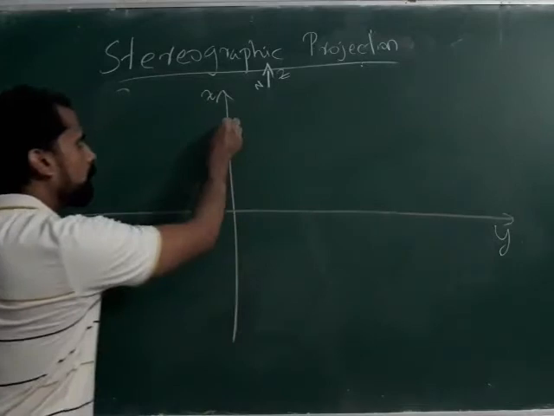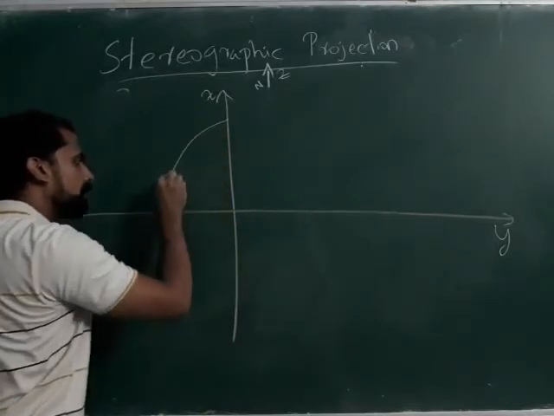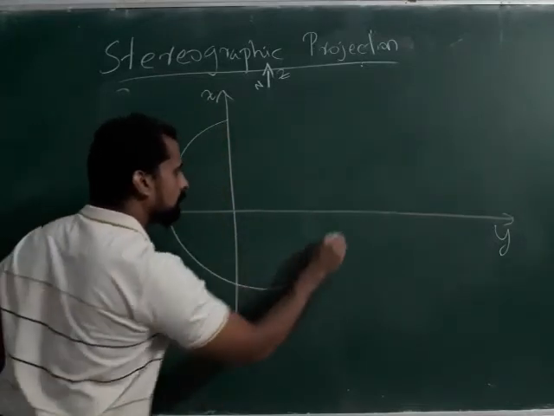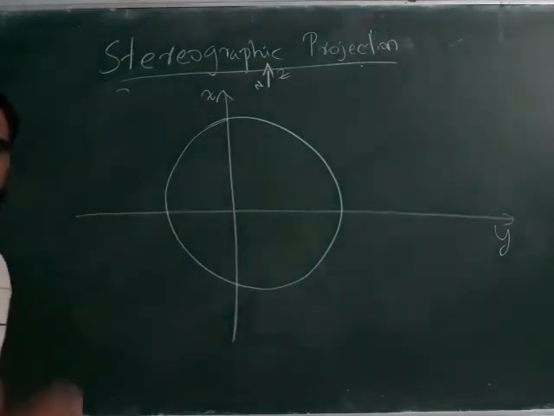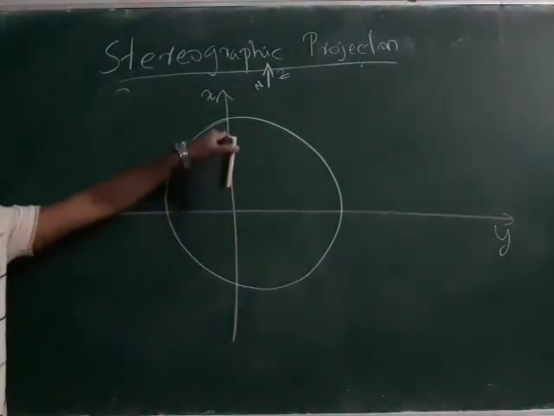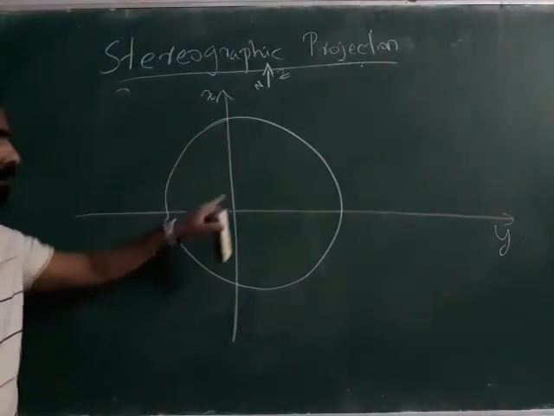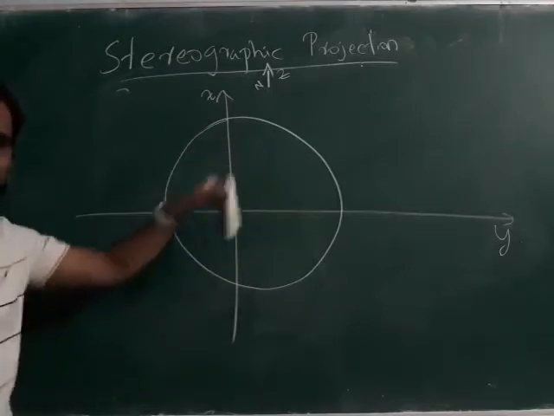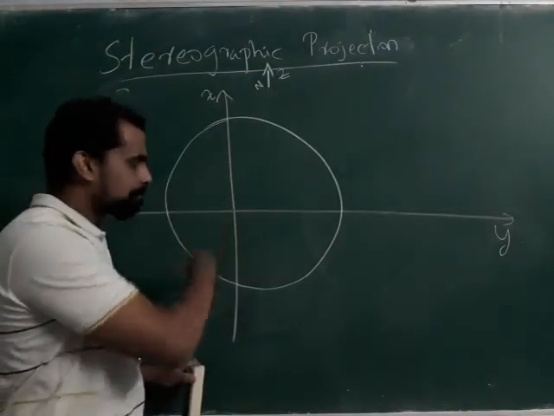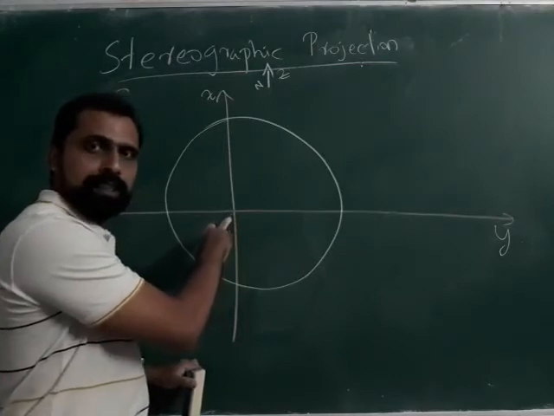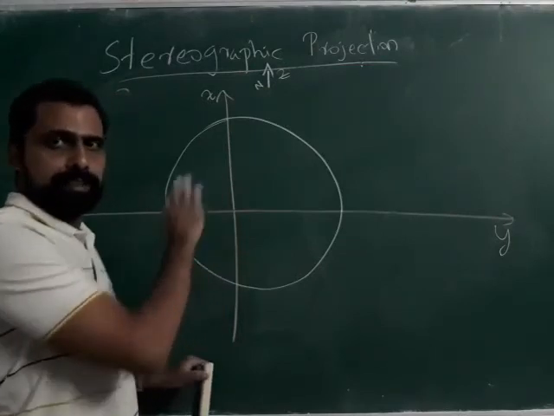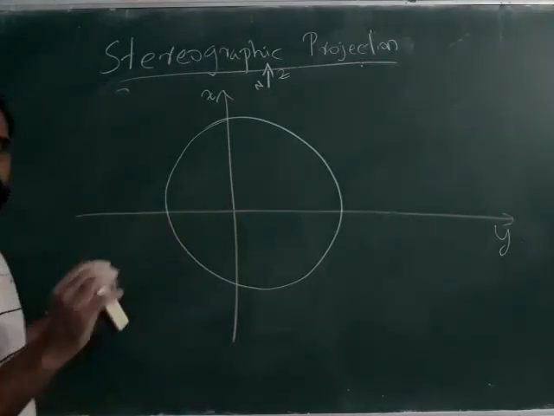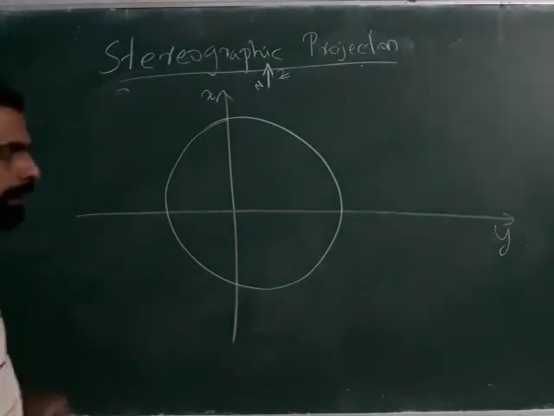Now the sphere is like this. This is your unit sphere. Sorry, this is not exactly centered at 0, but you have to take it like that. And now I will take any point here.